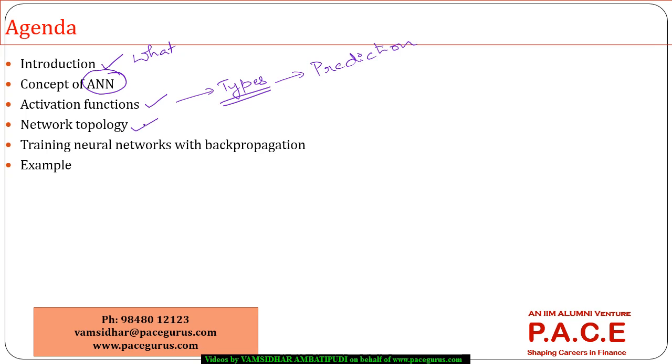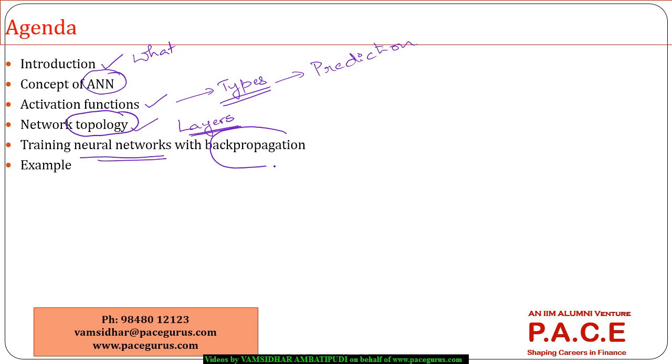Then how are neural networks typically built? The architecture of the network, otherwise called the topology. How many layers are there as part of this network? What goes into what layer? So we are spending some time understanding the network topology. Then how do we really train neural networks?